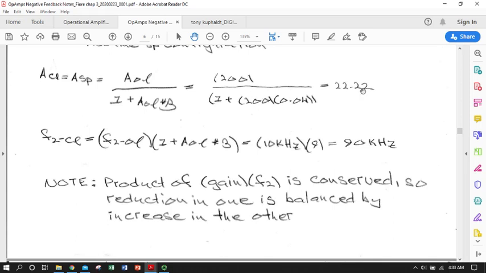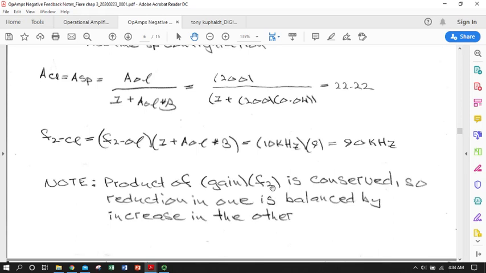Our loss in gain in the midband, our closed loop versus open loop gain, and our extension of the midband region are in proportion. So you could say that the product of your gain and your upper critical frequency is conserved. So what you lose in one, you gain in the other. So if you're thinking of that as an area under the curve, the area is conserved.